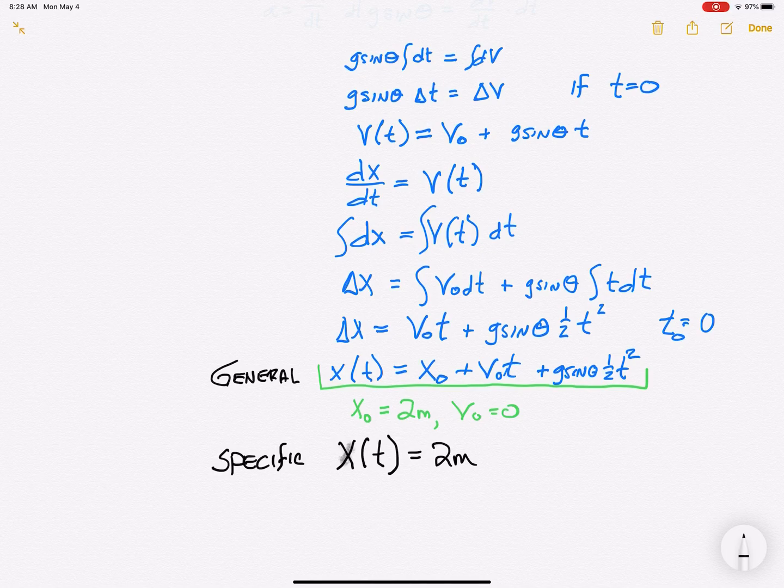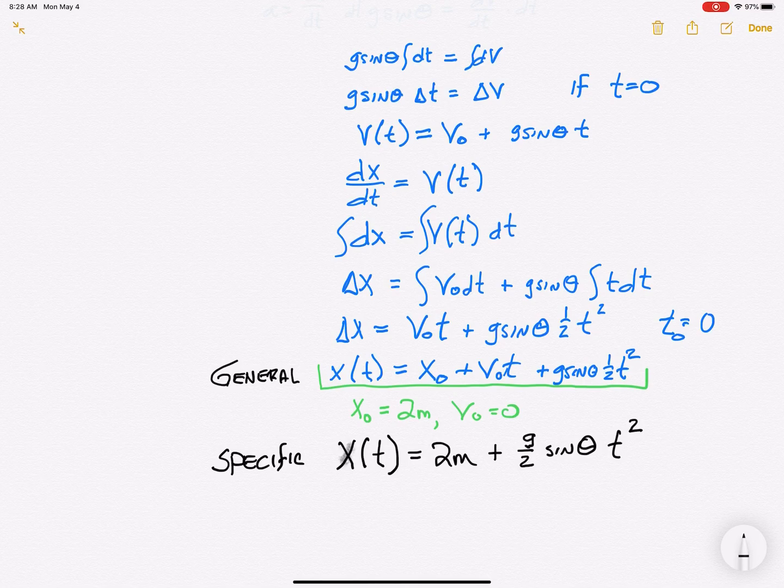The v naught t goes away. We're going to get g over 2 sine of theta, or whatever numerical value theta is, and then the time squared.